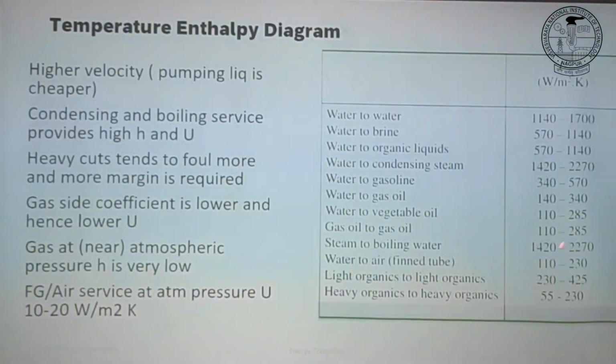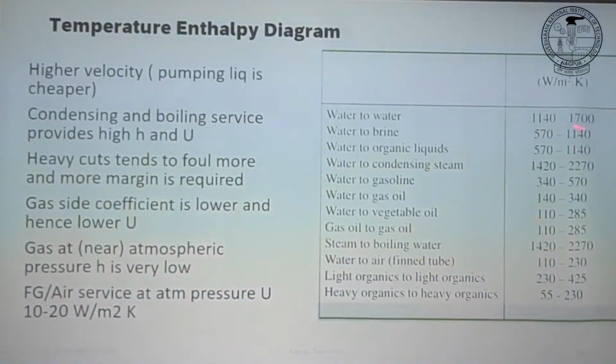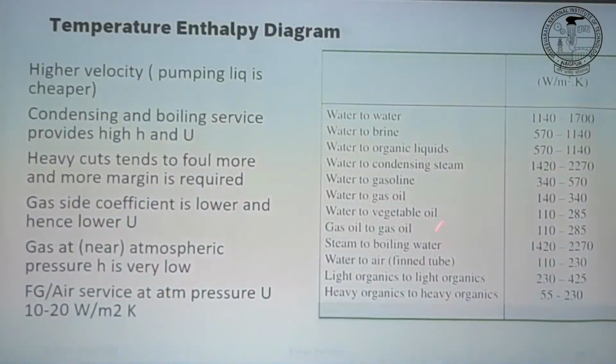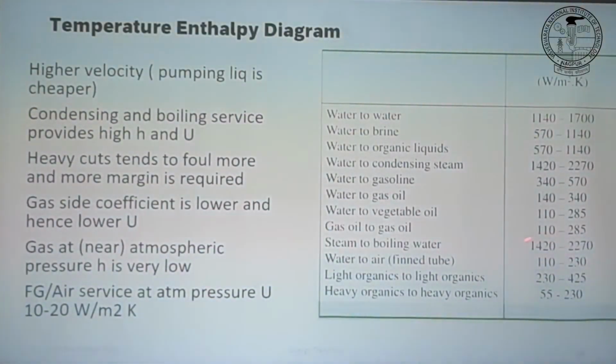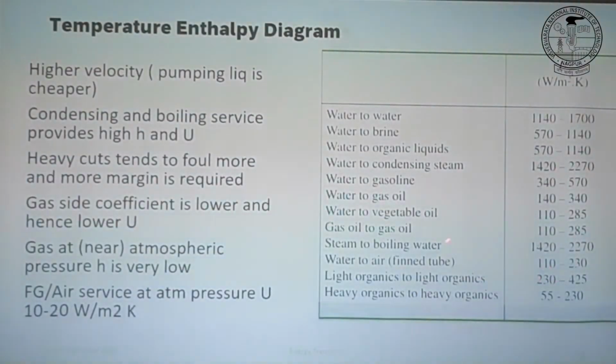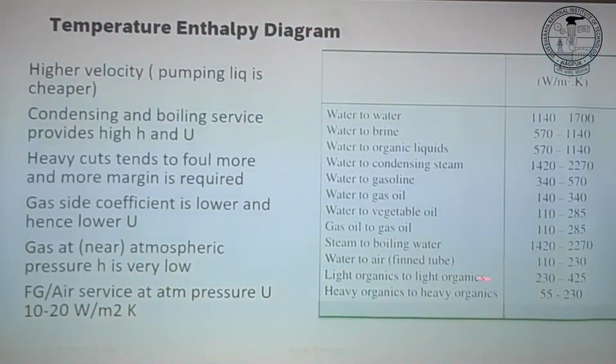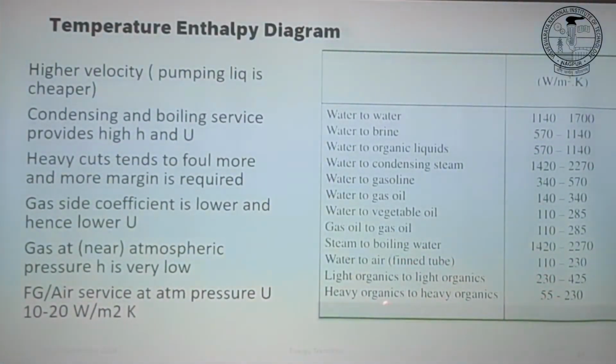So water to air, you could see condensing very high, liquid still high, fouling service would go low, boiling water is again on the higher side. As we start to add gases, air, flue gas, all those things go lower.